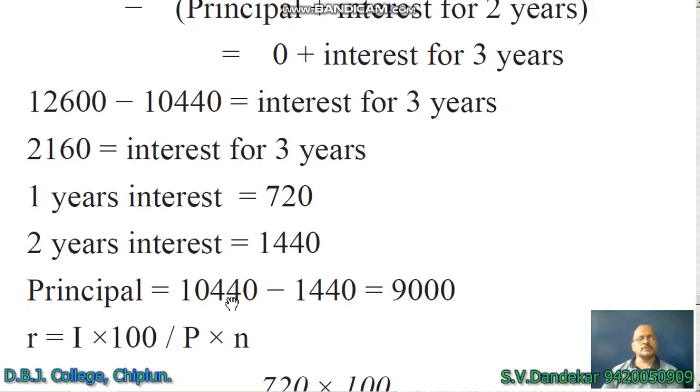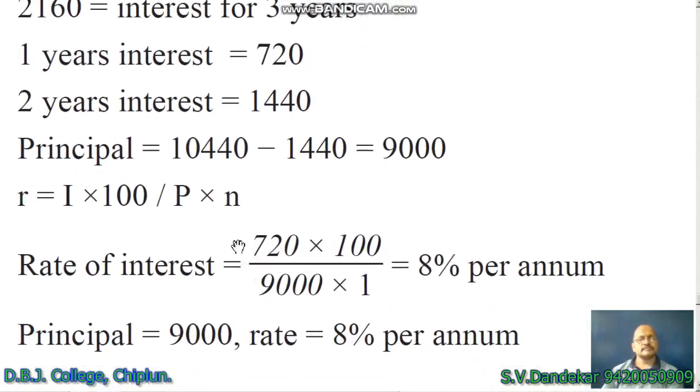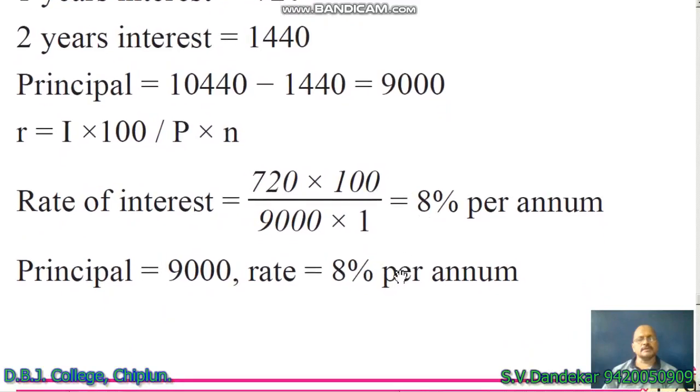This is because 10,440 is the amount after 2 years. Now using the formula I is equal to PNR upon 100, only R is unknown, putting it in the equation we get 720 into 100 upon 9,000 into 1, 8% per annum is the rate of interest.